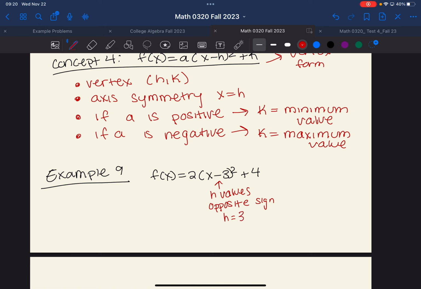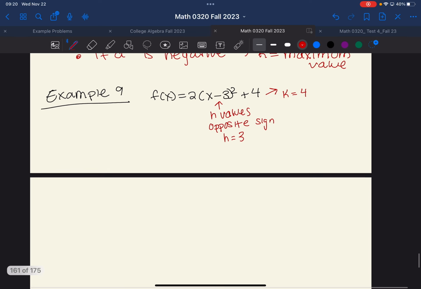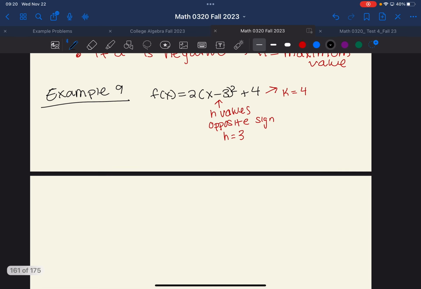It's always the opposite sign. So this one tells us that our h is going to be 3, and our k is going to be that last number, which is 4. This is every single time. Your h value is always in the parentheses, and it's the opposite sign, and your k value is always at the end. Okay, so knowing that, let's go ahead and answer some of the questions.